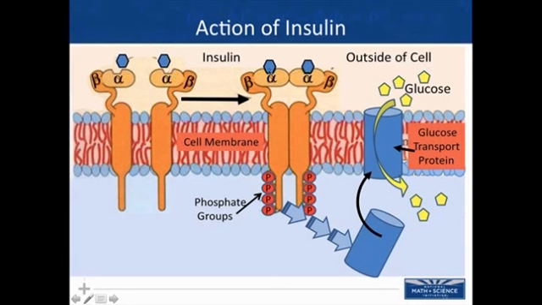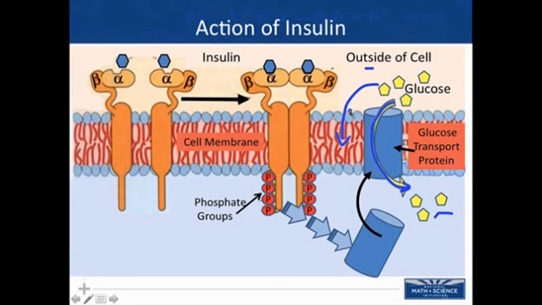When it binds with its receptor, you'll notice that there is an overall change in the shape of the receptor and an activation of a series of proteins that are going to result in the presence of a transport protein that will facilitate the diffusion of glucose from outside the cell to the inside of the cell. So the glucose was brought to the cell by the bloodstream. It could not enter on its own because it's too large.